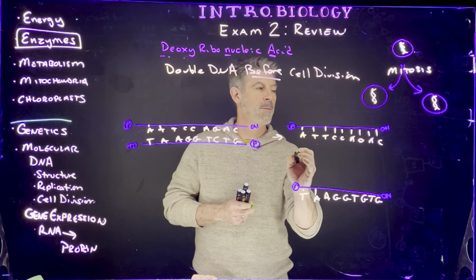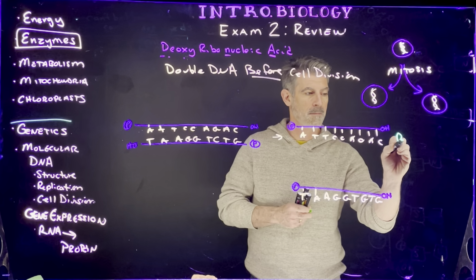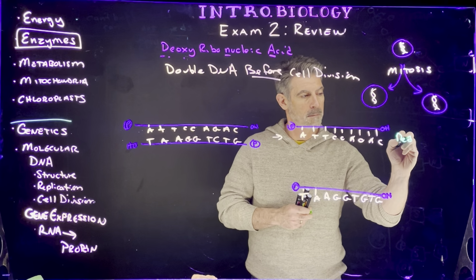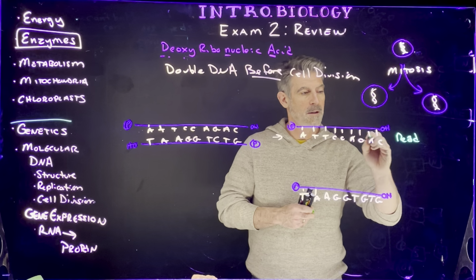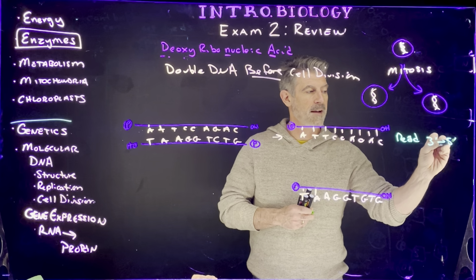So what the DNA polymerase is going to do is read a strand of DNA in a 3' to 5' direction.